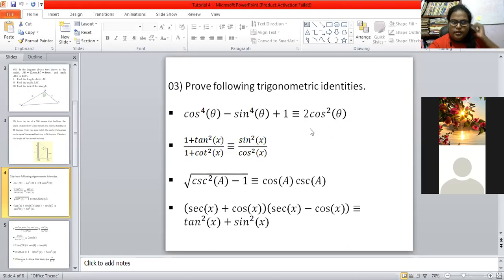So actually there are some tricks when you are proving this type of trigonometric identity. In this first one, the left hand side has three terms, and the right hand side has one term.